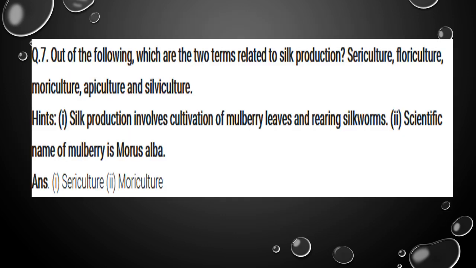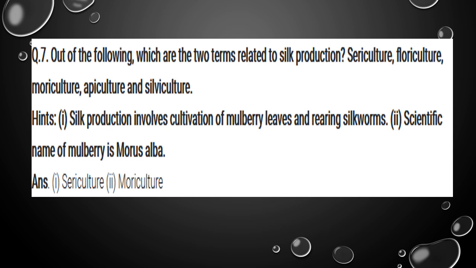Question 7. Out of the following, which are the two terms related to silk production? Sericulture, floriculture, moriculture, apiculture, silviculture. Hints. Number 1. Silk production involves cultivation of mulberry leaves and rearing silkworms.